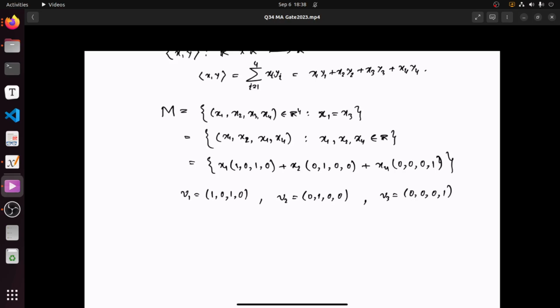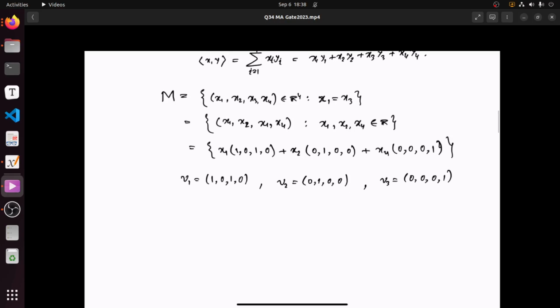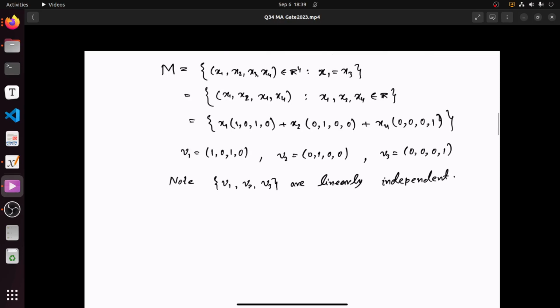It is easy to check that v1, v2, v3 are linearly independent. So M is basically a span of these three vectors, and these are linearly independent.